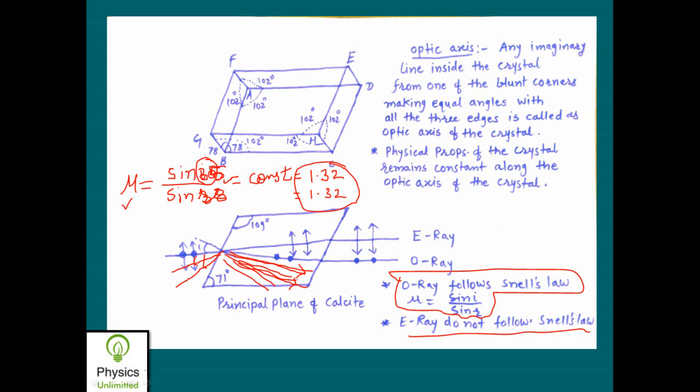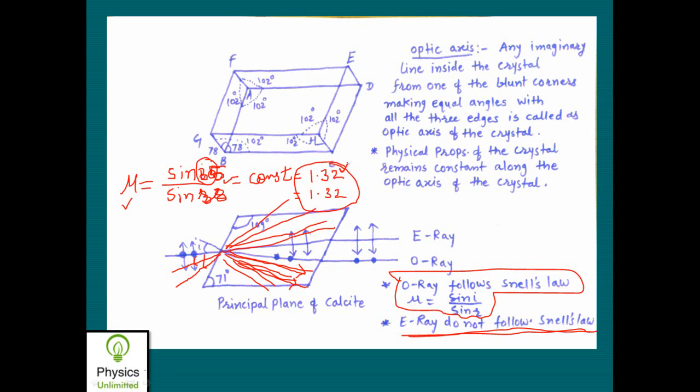Yes, sir. But the extraordinary ray does not follow this Snell's law of refraction. It means that every time I change the angle of incidence, the angle of refraction for this extraordinary ray changes in such a way that every time this ratio comes out different.